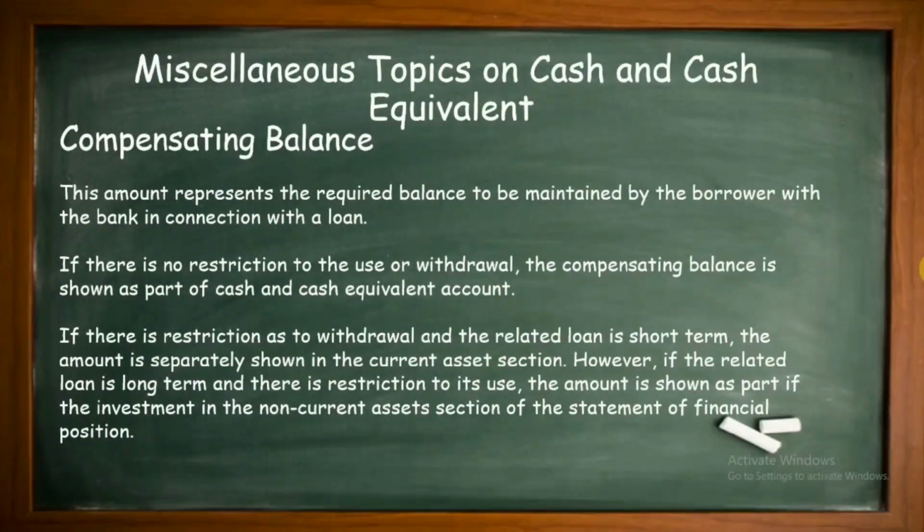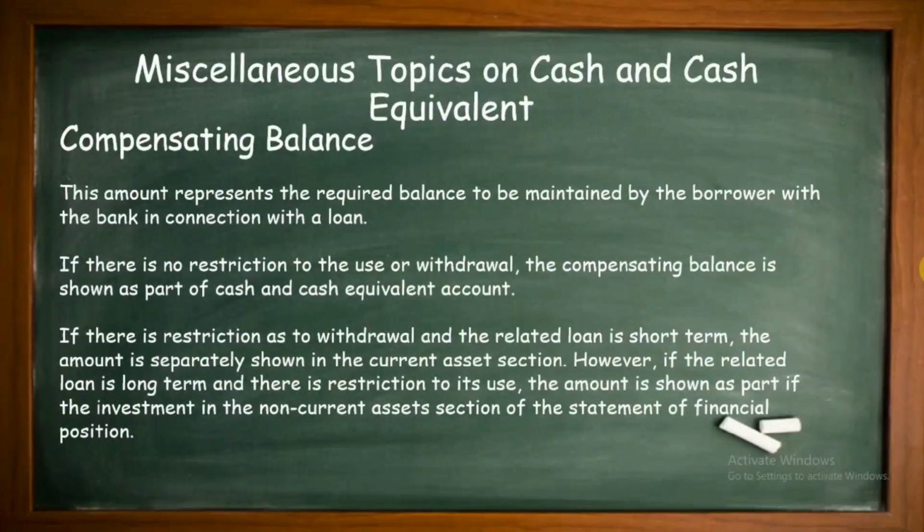Next is compensating balance. This amount represents the required balance to be maintained by the borrower with the bank in connection with a loan. If there is no restriction to use or withdrawals, the compensating balance is shown as a part of cash and cash equivalent account.